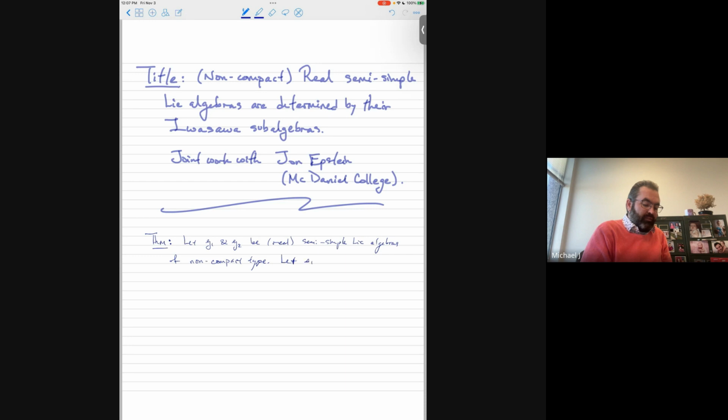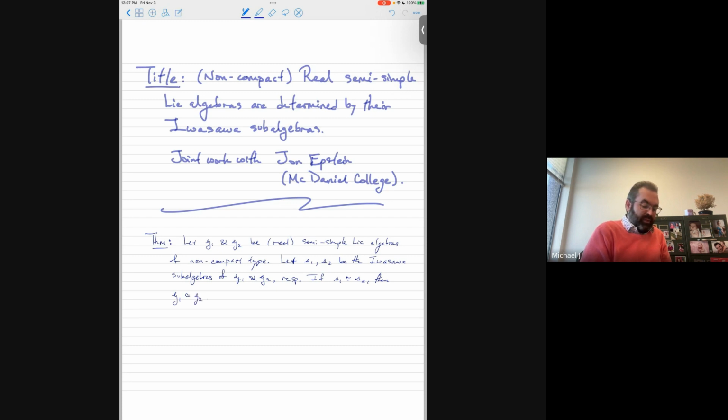So let S1 and S2 be the Iwasawa subalgebras of G1 and G2, respectively. If S1 is isomorphic to S2, then G1 is isomorphic to G2.